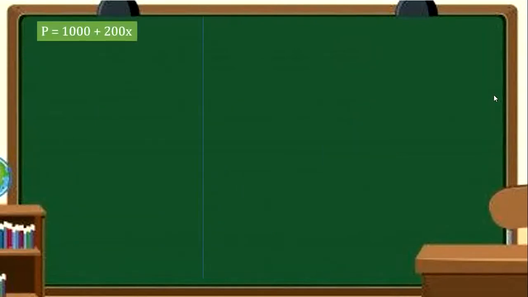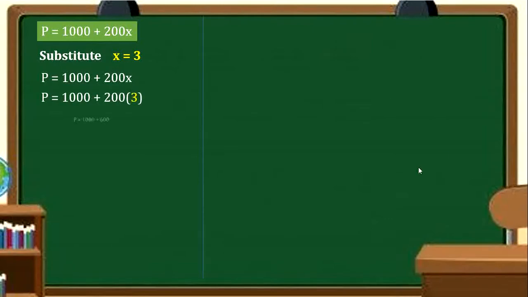So, substitute natin for P. So, P is equal to 1,000 plus 200x. So, palitan si x ng 3. So, magiging 1,000 plus 200 times 3 is 600. So, P is equal to 1,600.